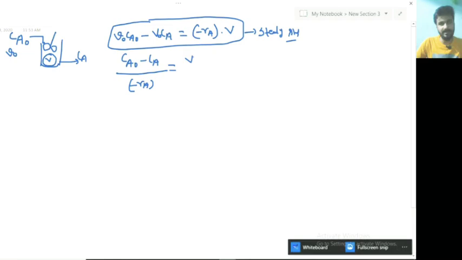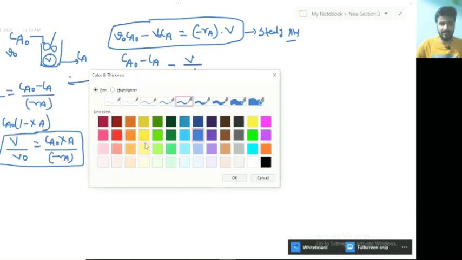Now here, most of the time students make a mistake in the calculation of Ra: which concentration do you have to take? That's a major concern here. For this rate of reaction, you have to use the outlet concentration.